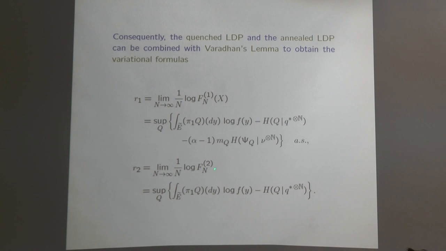Similarly, in the other quantity, where this thing is actually the expectation of that thing, so where I do not condition on x, I have this exact same formula. The only thing is that in the variational formula this term is not present, because this has only the annealed rate function, whereas the quenched rate function had the annealed rate function plus something else. So I have two variational formulas.